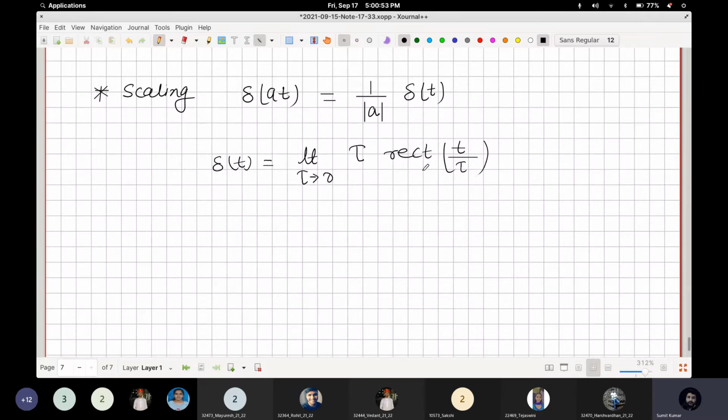This is the definition that we have used for delta t. Now from this definition only, what is going to be delta of at? It's going to be limit tau tends to 0, tau only rectangle. What will we write in place of t? at, isn't it? By tau. Can we write delta of at like this or not?